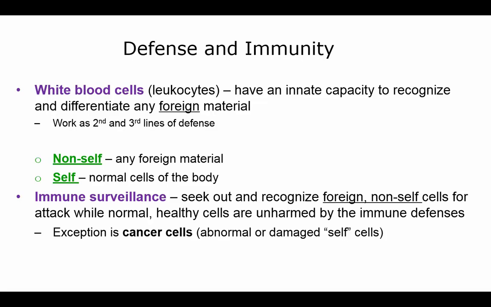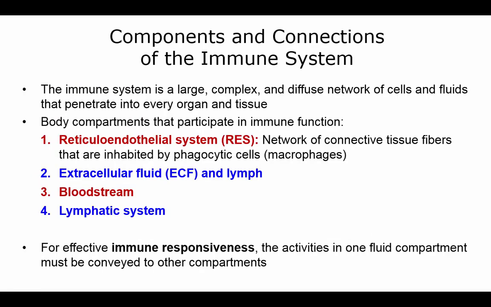Some components of this immune system that they mention, some compartments, include what's called the RES, the reticuloendothelial system. If you break that down, reticula is connective tissue, with a lot of reticular connective fibers. Endothelial refers to cells mixed in there, and the liquids found with them, phagocytic cells like macrophages.